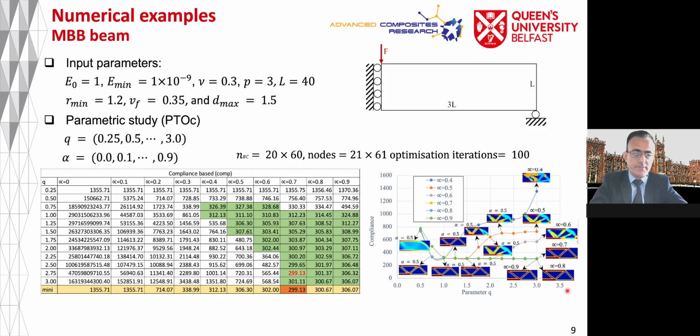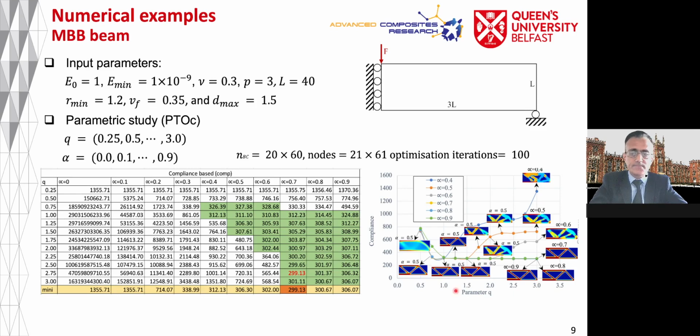And again, we can see the optimized geometries at the end of simulation, for example for alpha equal to 0.5. And then we can also see the optimized geometry at the end of simulation for these different alphas here.